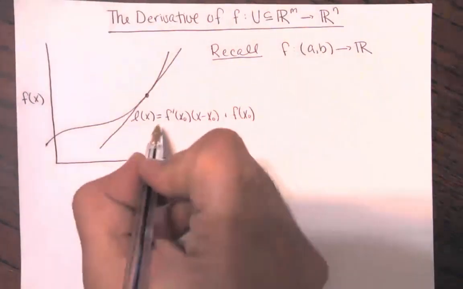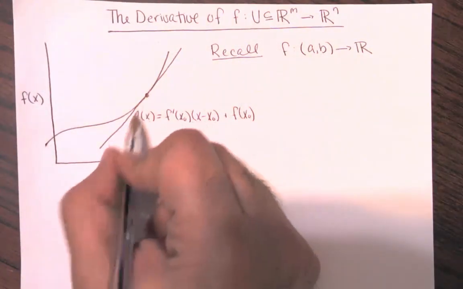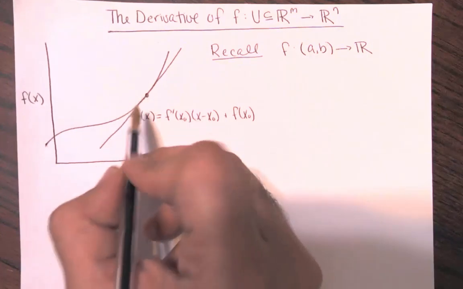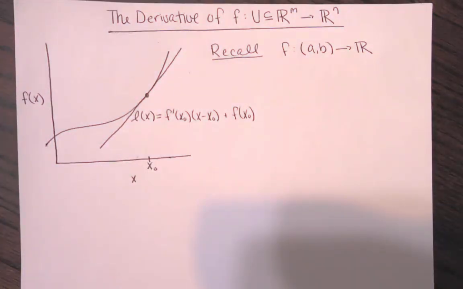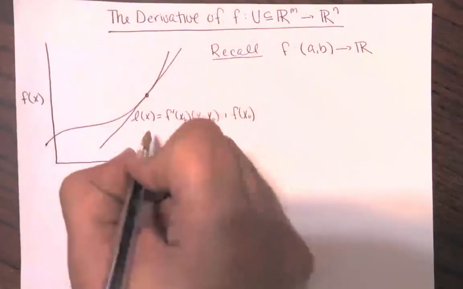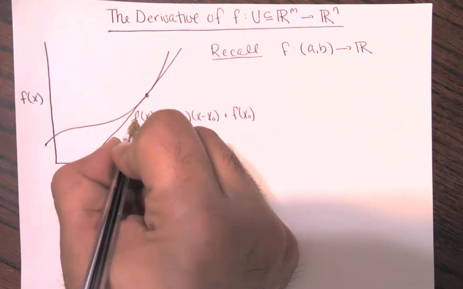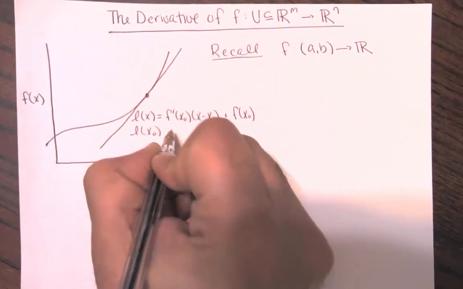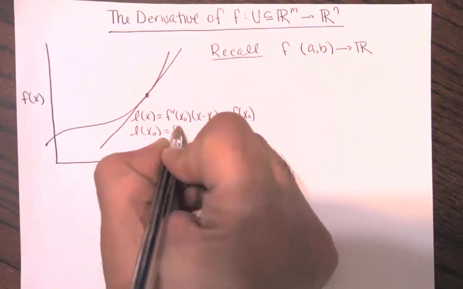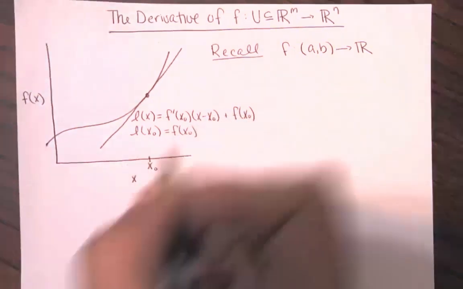So the tangent line and f have the same slope at x naught. Well, another way of looking at that is, well, clearly because the L is tangential, L of x naught equals f of x naught, right?